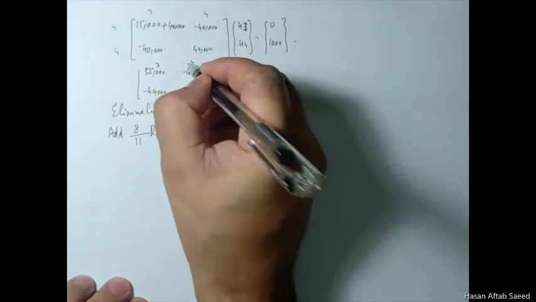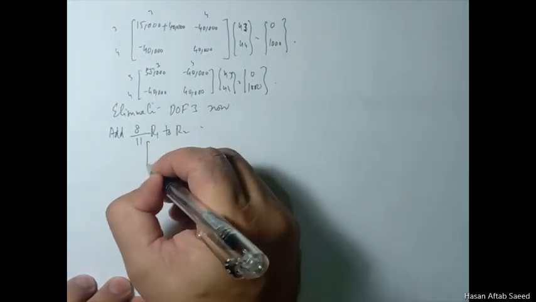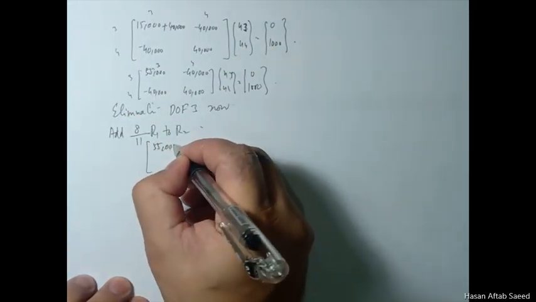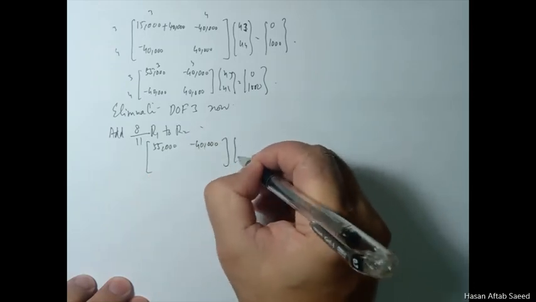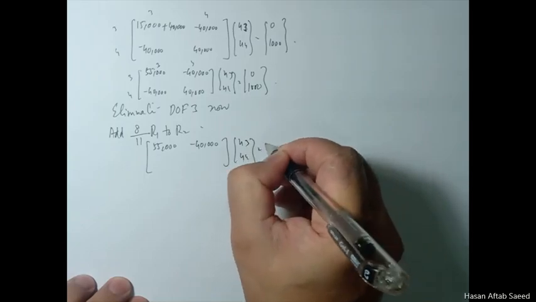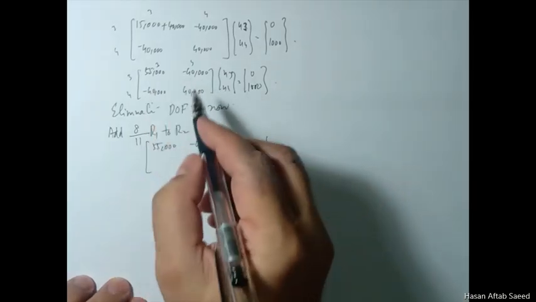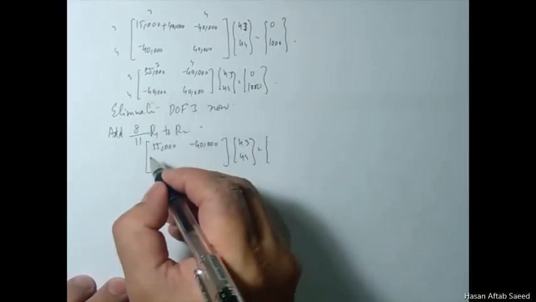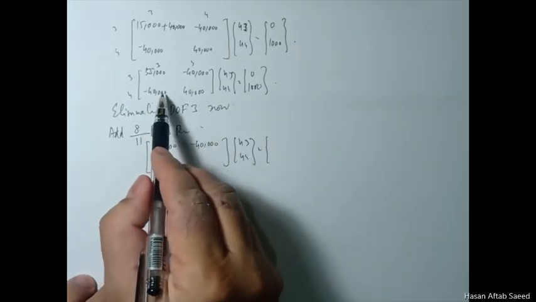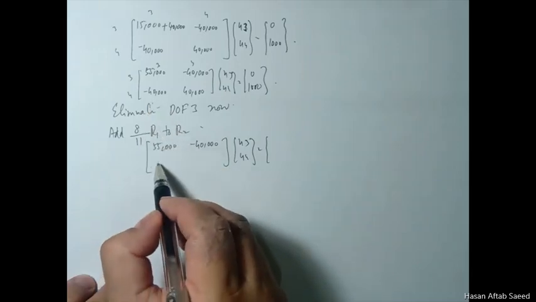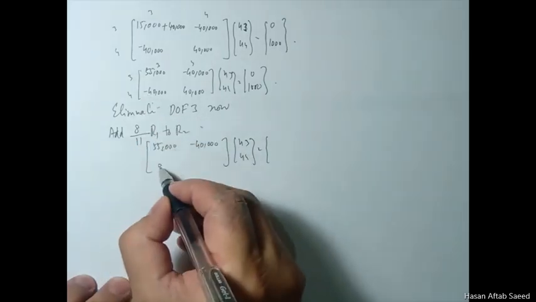This is 3, 4, which means that first one remains as it is. We are not going to change it any. This one becomes 0 because this multiplied with r1 precisely is 40,000. Here it is minus, so when you add them this becomes 0.